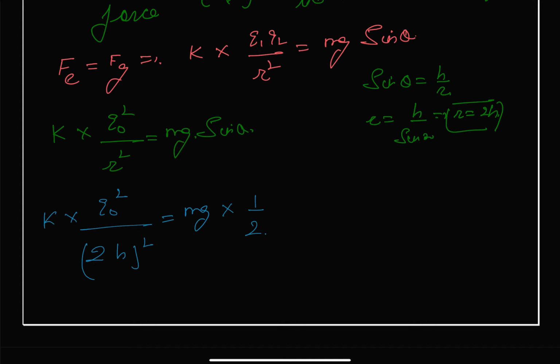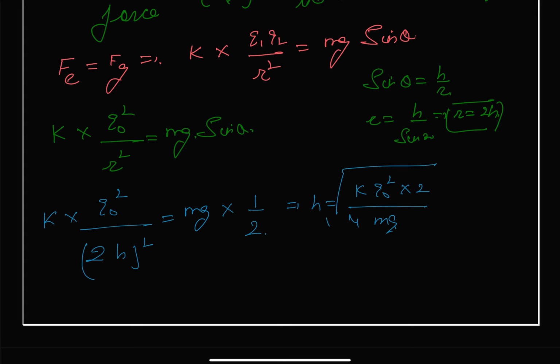So therefore we are interested in finding h, so we can say our h will be equal to, this will come as 4, so we get k q naught square multiplied by 2 divided by 4 times mg, and its square root.